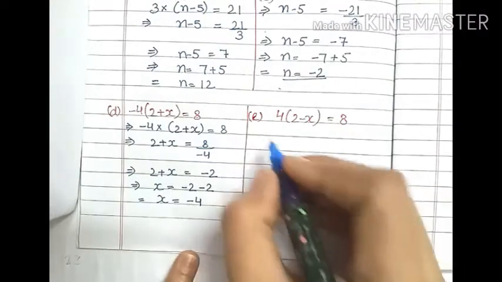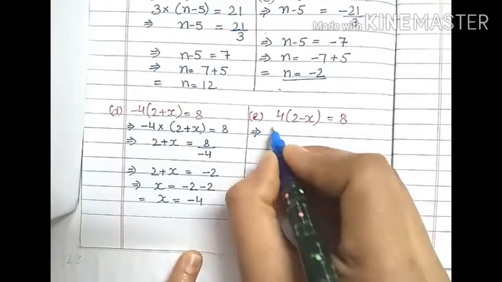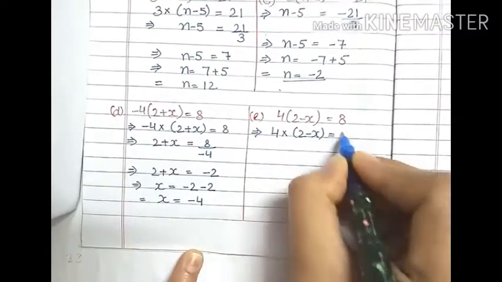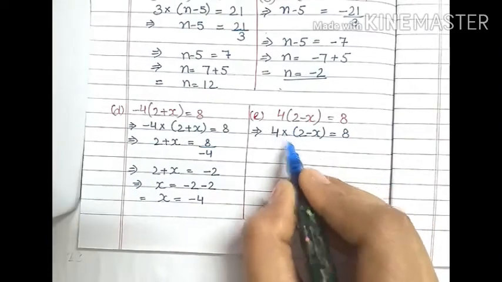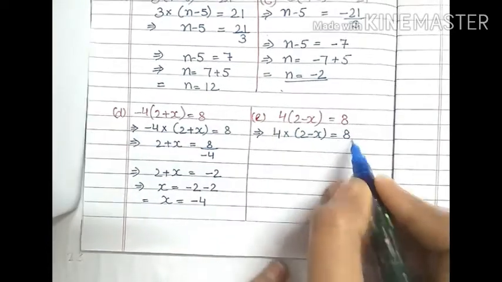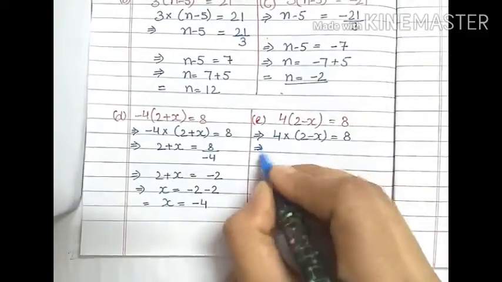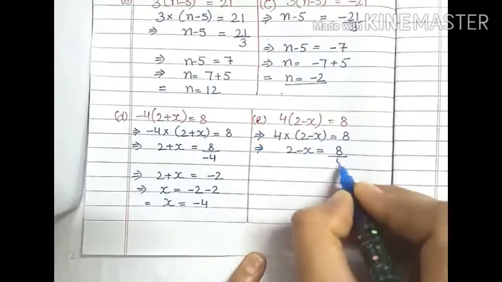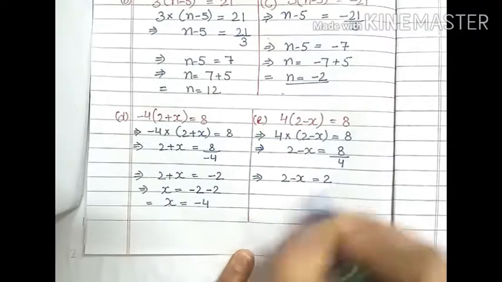See E part now. Here in E part, it is given 4 multiply 2 minus x is equal to 8, or you can read it as 4 into 2 minus x is equal to 8. So we will transpose this 4. 2 minus x is equal to 8 upon 4. 2 minus x is equal to 2.